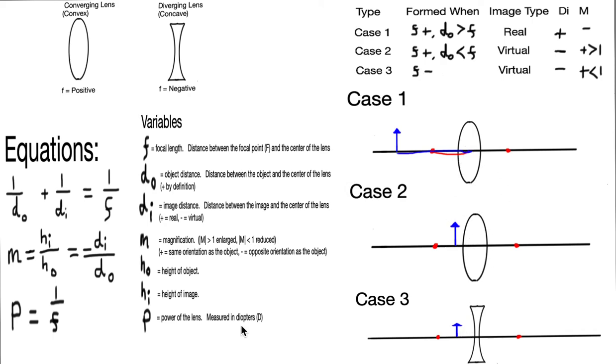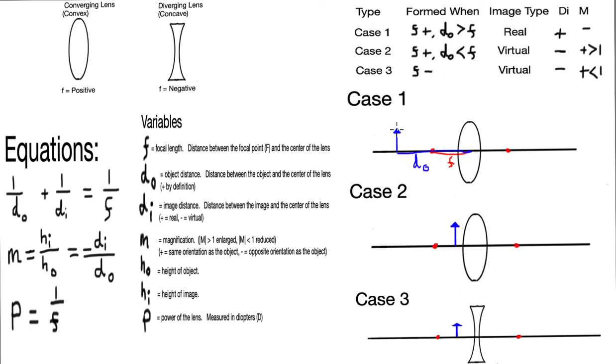Okay, so let's start with case number 1. We know that this red line is our focal length, and the blue line is our object distance. What we want to find is our image distance. To do this, we need to draw a ray diagram.